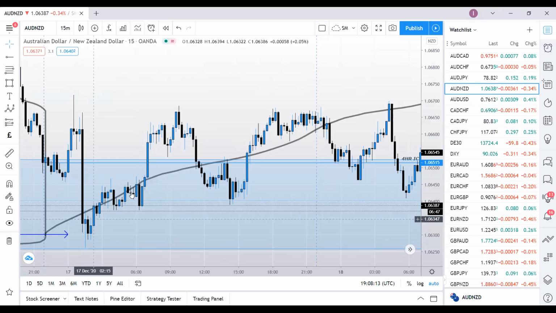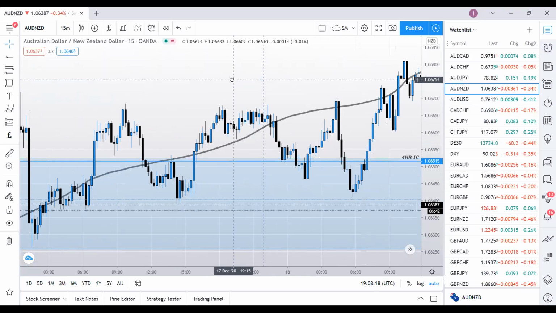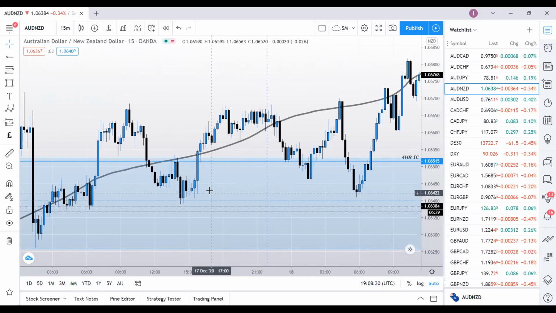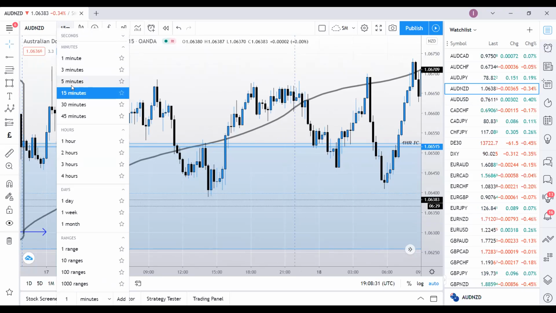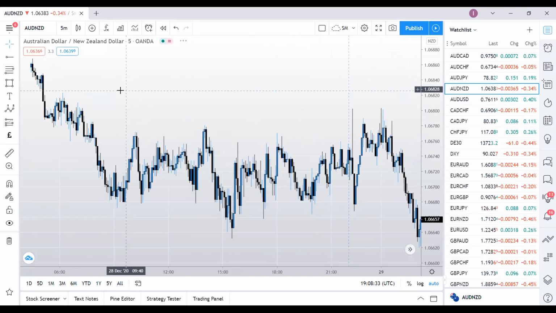If you look at everything here, can you see that everything's been tapped into? Yeah. Mm-hmm. Then we go into the 5-minute time frame.